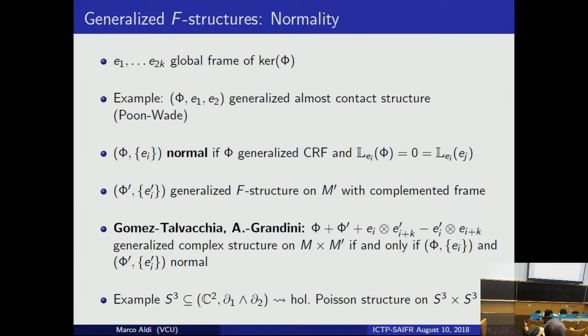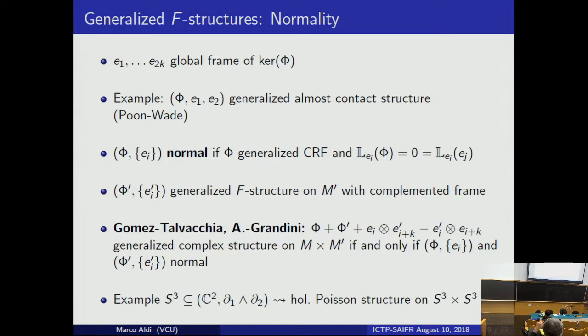So this allows you to generate lots of interesting examples of generalized complex structures, starting with generalized CRF structures. And one example that I like is this: you start with S^3 embedded in C^2, like Calabi and Eckmann did.